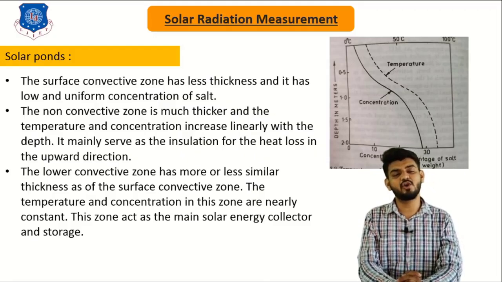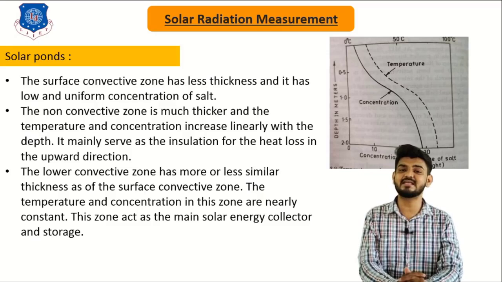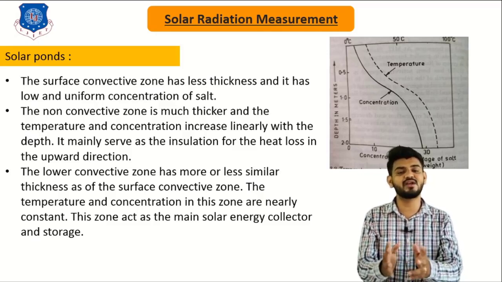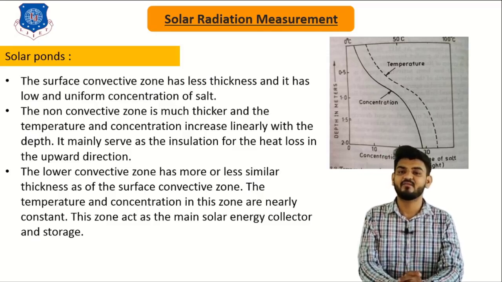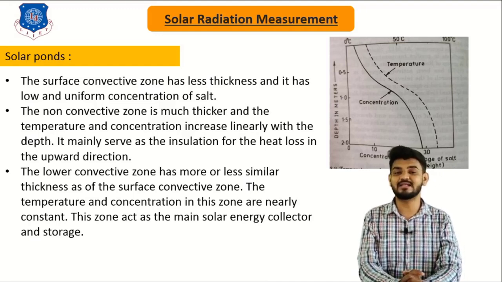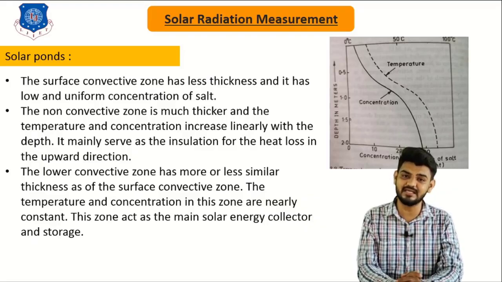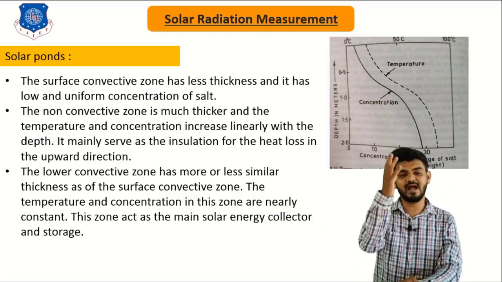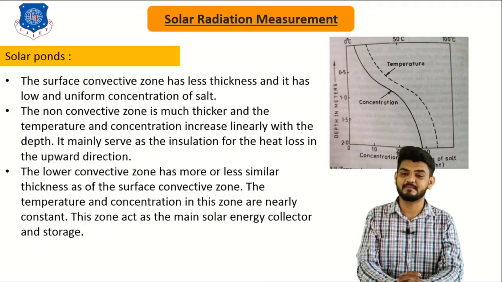Then it is followed by the non-convective layer, which has the highest thickness, around 1 to 1.5 meter. Its temperature and concentration graphs also continue to increase as we go deeper inside the layers. From the graph you can see it is linear.